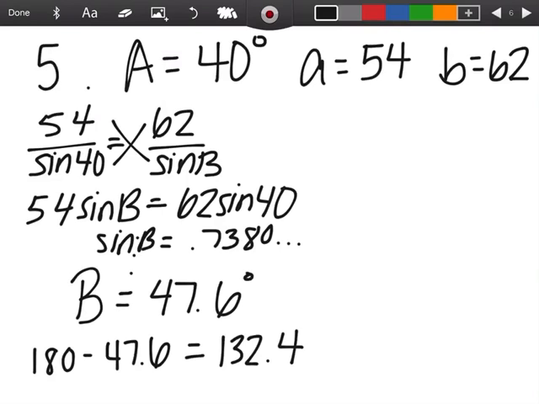I rounded, so it's approximately, but it is. So B could be 47.6 or B could be 132.4.